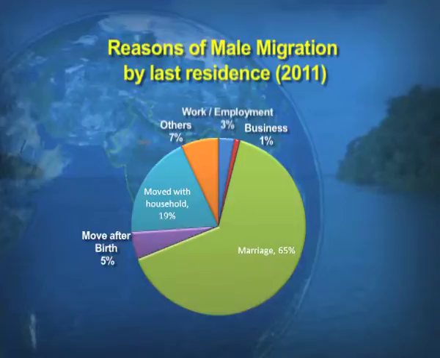That means the whole family shifts from one place to another. Then movement after birth is only 5% among females.